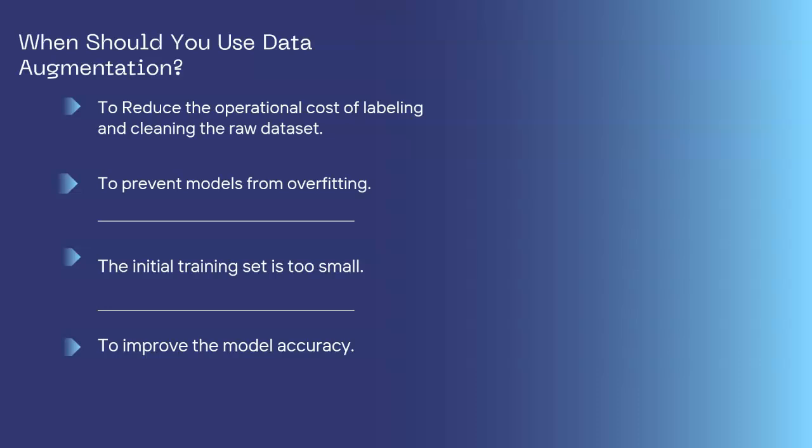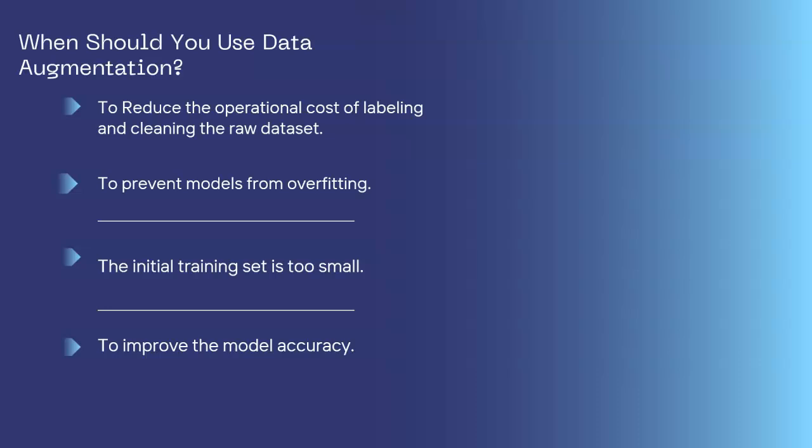And why do we have to use this data augmentation? There are different advantages and different situations in which to use data augmentation. One is to avoid overfitting, to train the network. Next, to balance the datasets which are available for train and test.